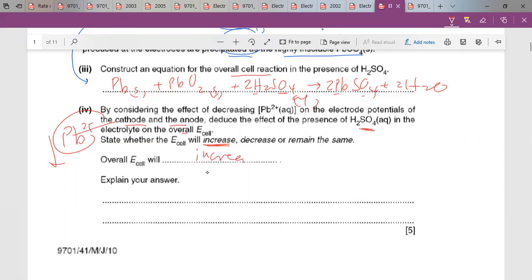Why? Because Pb2+ will decrease, the equilibrium position will shift forward to the right.